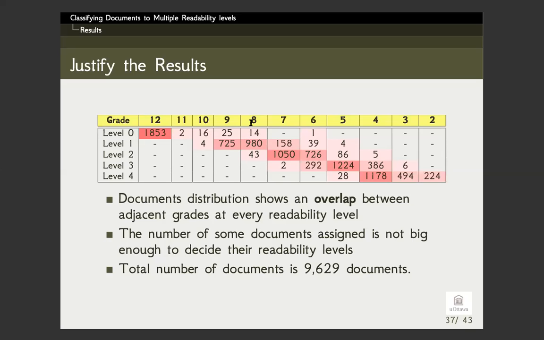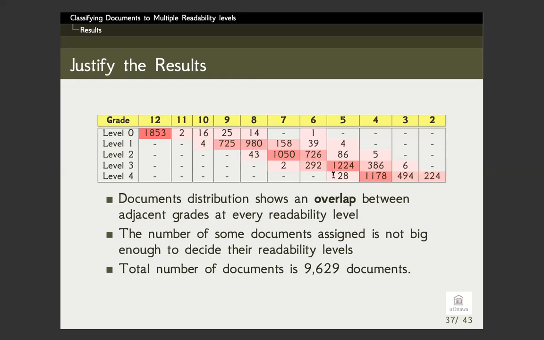Like in grade 8 documents, 14 documents were assigned to level 0 and 43 documents were assigned to level 2. And 43 and 14 are not big enough to train the model to distinguish between level 0, 1, and 2. The number of all these documents is more than 9,000 documents.